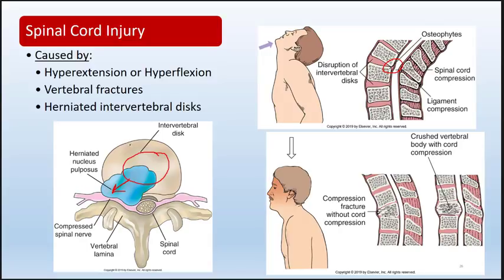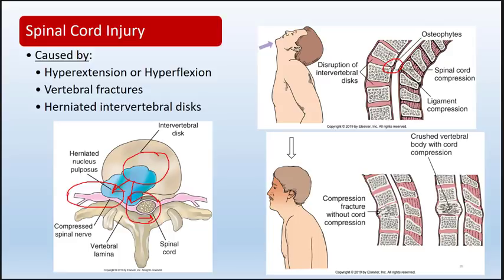Depending on where it migrates out, it can put pressure on the spinal nerve, sometimes just the spinal nerve. And in more serious cases, when you have a very posterior herniation, it can compress the spinal cord itself. And you can see how the spinal cord has deviated now from its central location. So this can be very concerning, and this type of herniation needs to be addressed medically immediately.